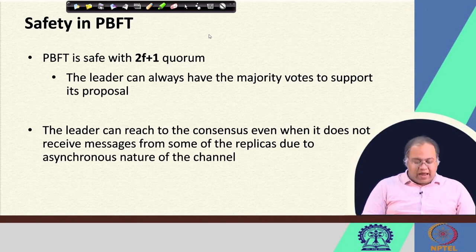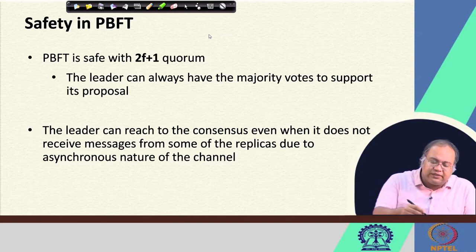In the same line, whenever I have f number of crash faults, then I have 3f plus 1 number of nodes in my network. So, I have 2f plus 1 messages, and ideally these 2f plus 1 messages are coming from the non-faulty nodes. So, all of them should agree, and I can reach a consensus.